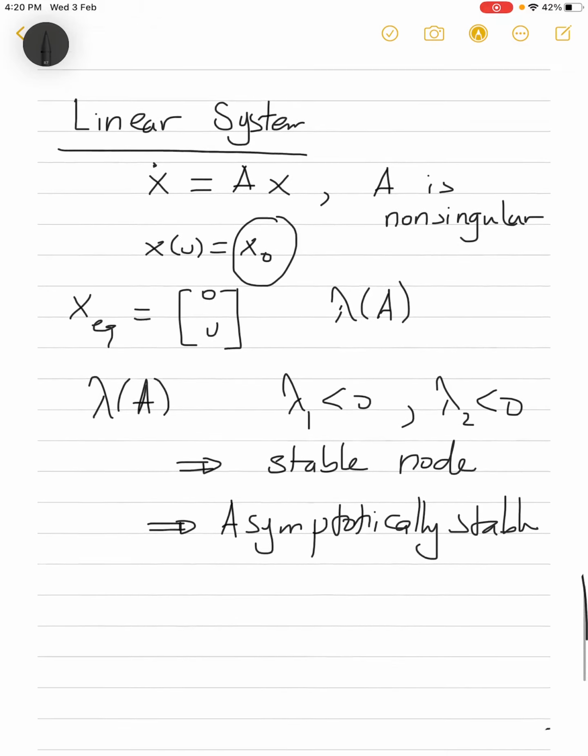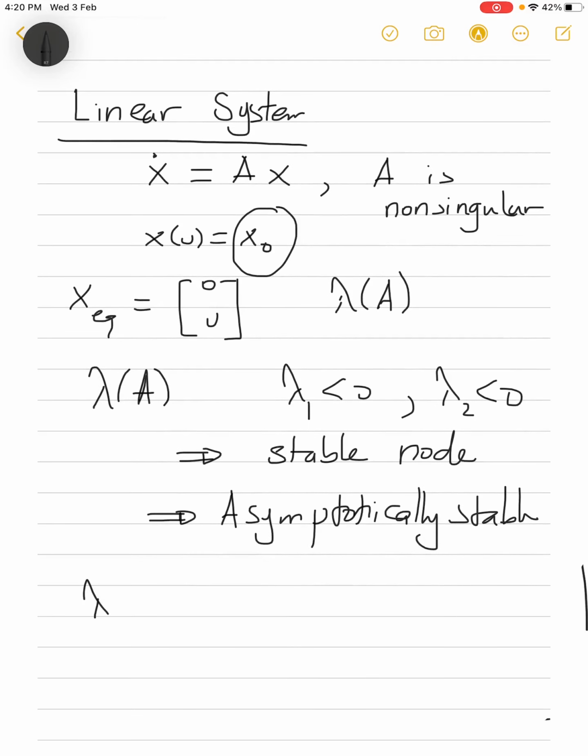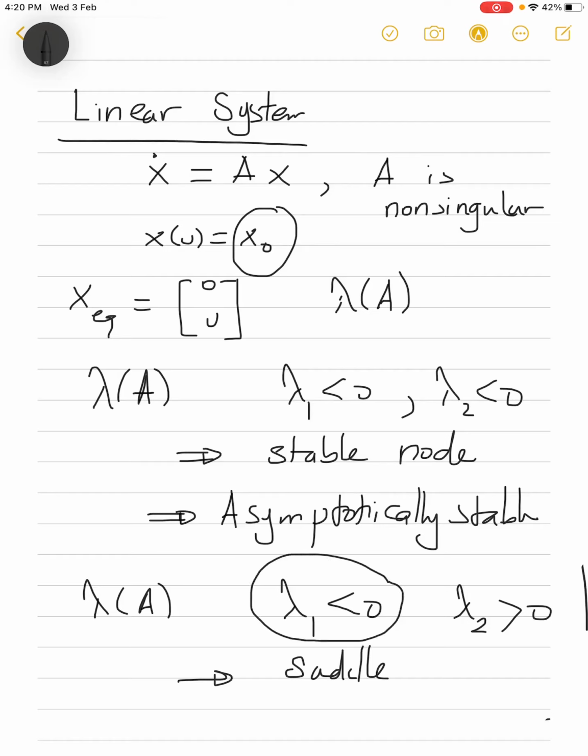Also, if we consider the case of lambda 1, say, less than 0 while lambda 2 greater than 0, then we know that we get a saddle equilibrium point. And in a saddle equilibrium point, we know that there is a trajectory along the eigenvector corresponding to the stable eigenvalue.